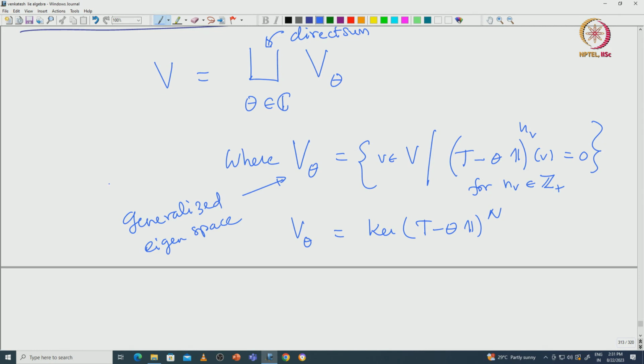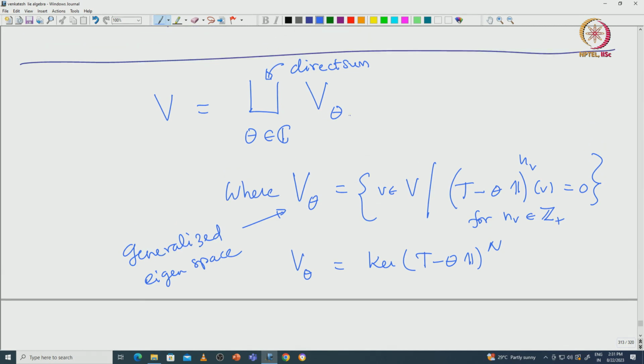So, now we have this decomposition of capital V into a direct sum of generalized eigenspaces. This is called the primary decomposition.